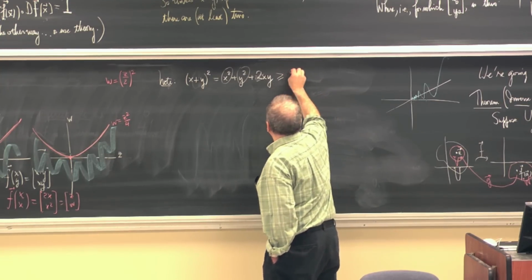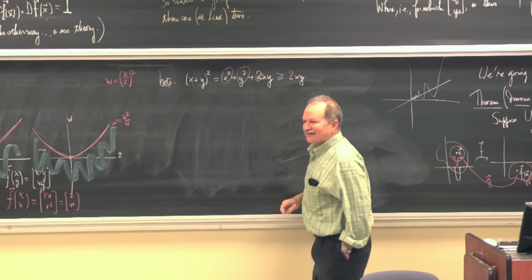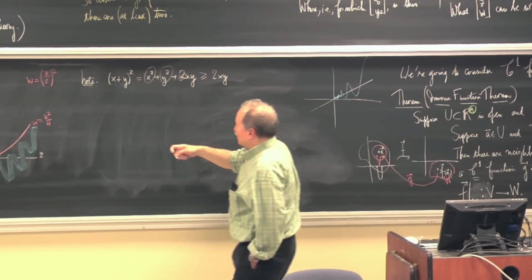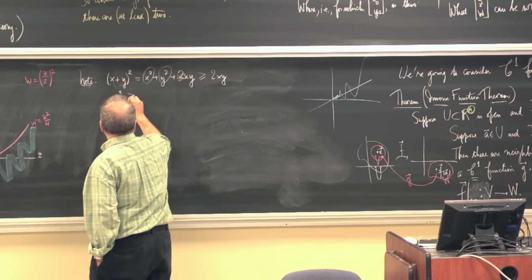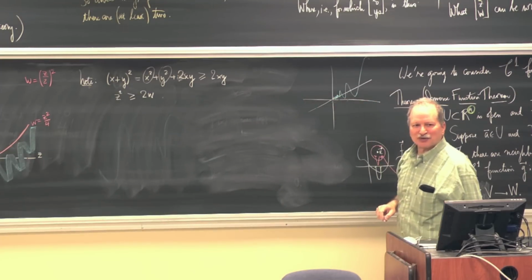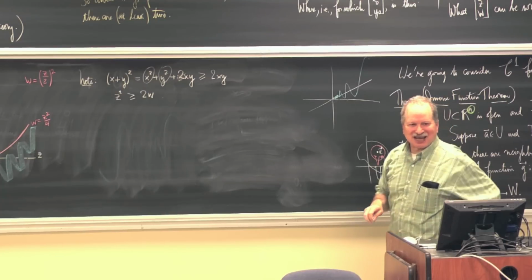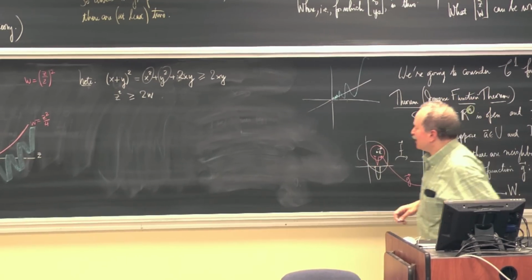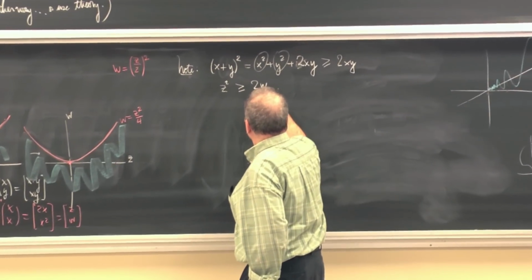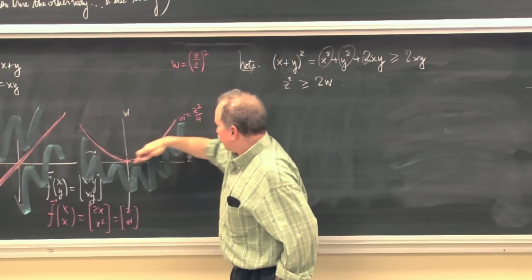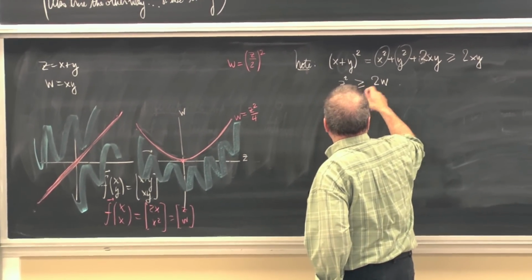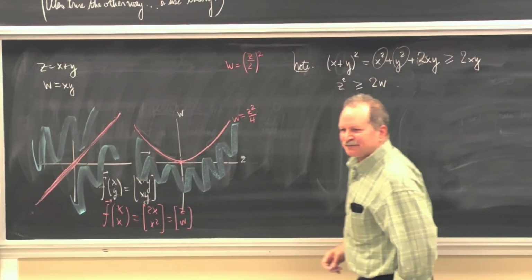So this is always at least 0. So it follows immediately just from basic algebra that z squared has to be at least 2w. That's automatic from the algebra. So z squared being bigger than or equal to 2w means you're below this graph.